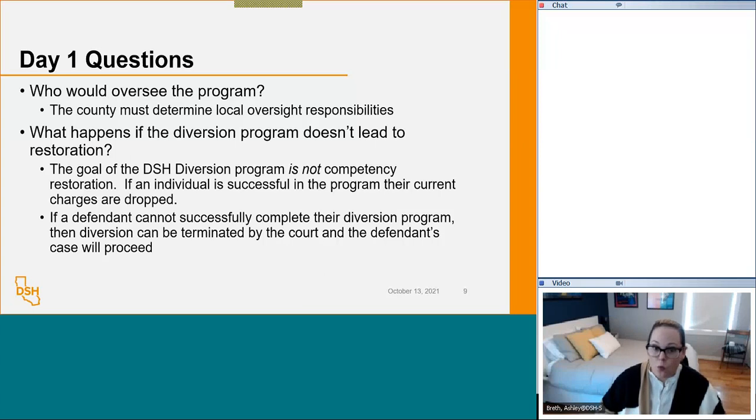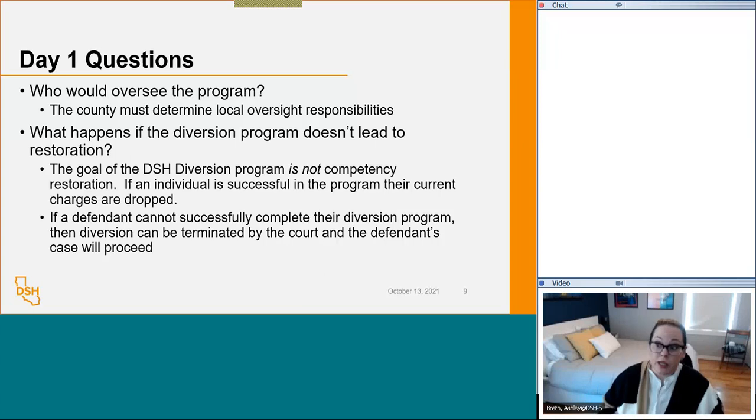DSH, for our part, has broad oversight. We are going to be tracking your data, tracking your outcomes, and looking at your fiscals after the fact just to make sure that your county match has been made. But the main oversight of the program is going to be at the local county level.